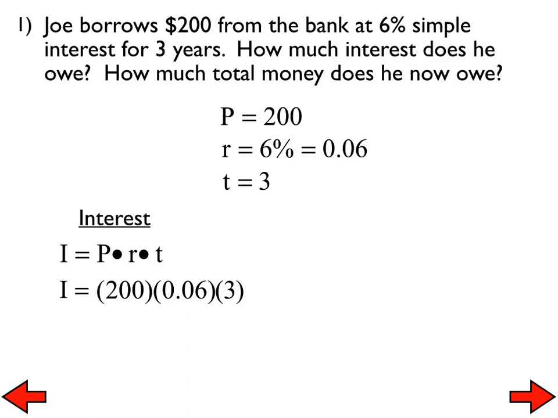And the reason why you would want to do that, and here's the important piece, if you don't do that, you're going to end up multiplying by a decimal once, and then most of the time you're going to get a decimal value, and then you're going to have to multiply by that decimal value again to multiply by the amount of time. So that means you end up multiplying by a decimal twice most of the time.